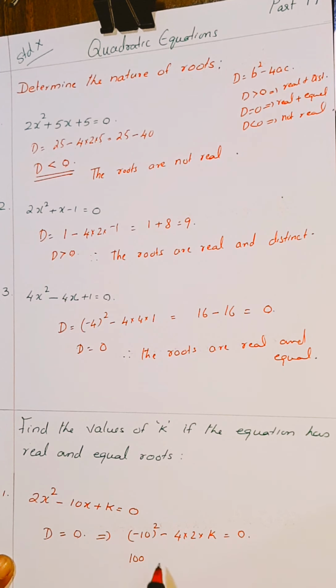So 100 minus 8k is equal to 0. So 8k is equal to 100. K is equal to 100 by 8, so k is equal to 25 by 2.